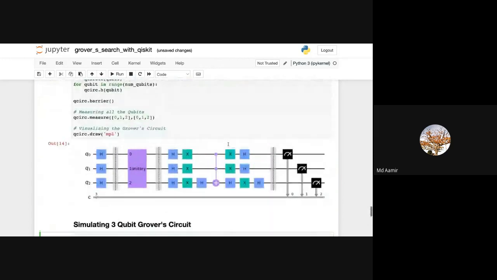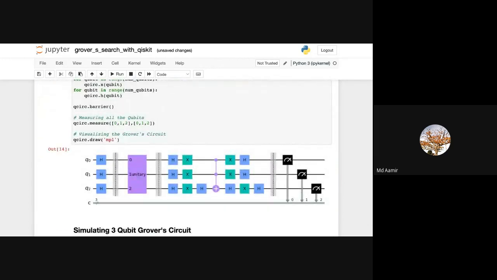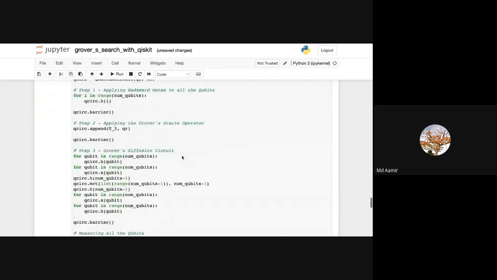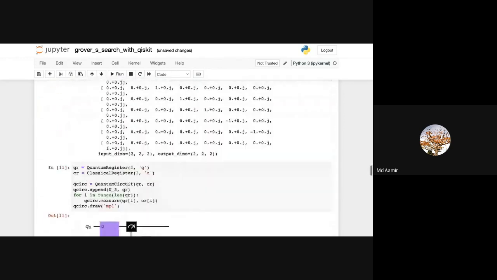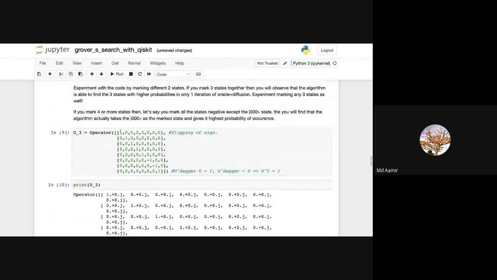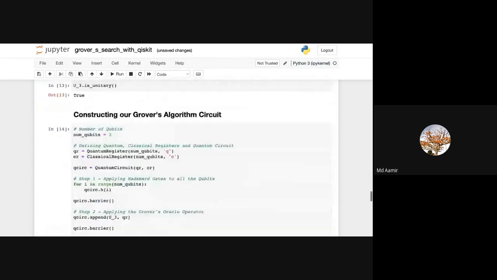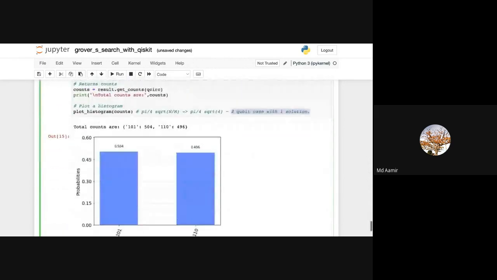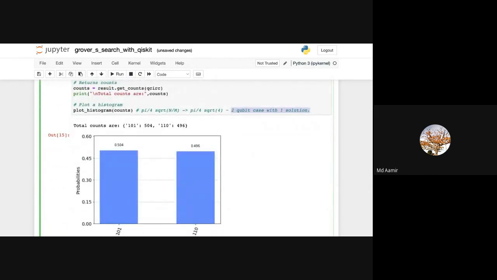If we try to change the iteration, we can play with this circuit again. We can change the number of solutions here just by giving -1 or +1 to any of these, and see what kind of probabilities we get.